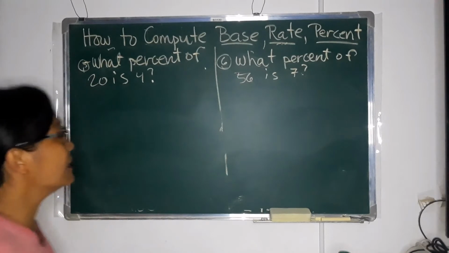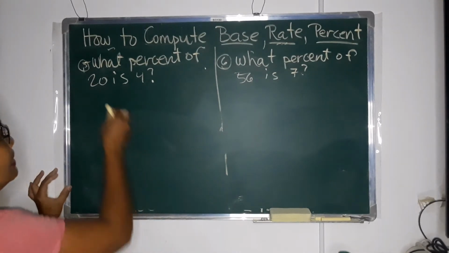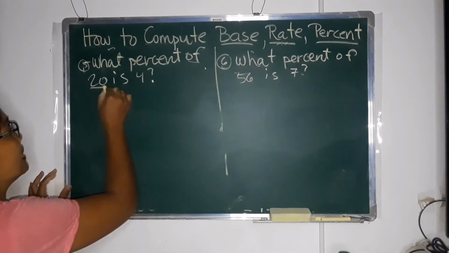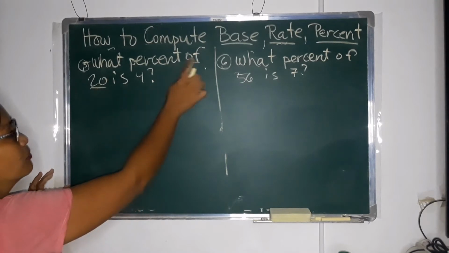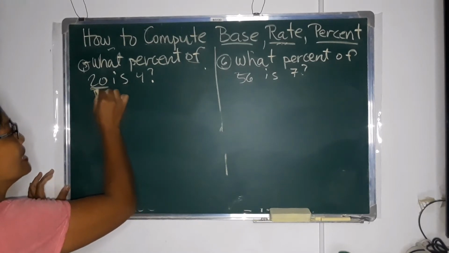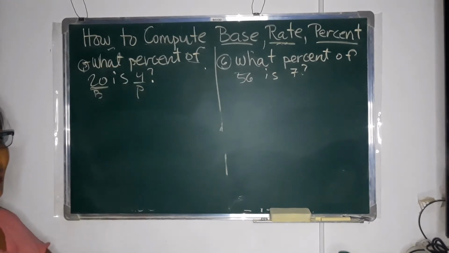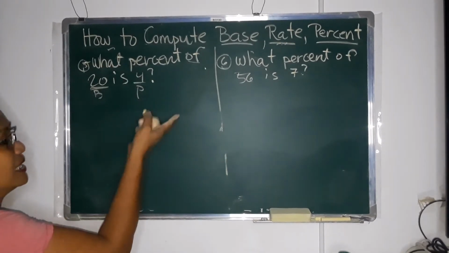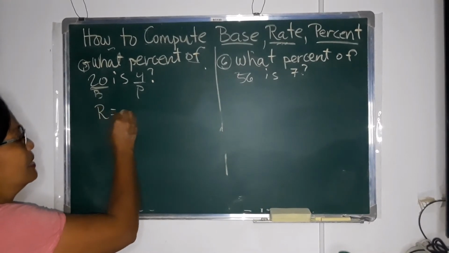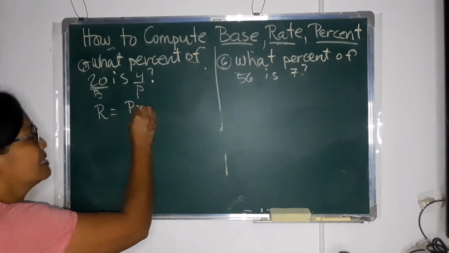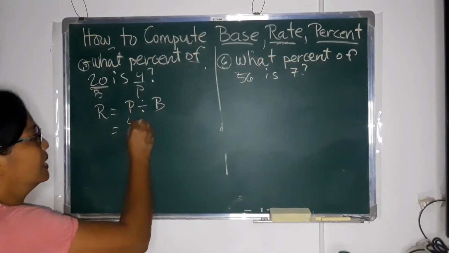Okay, so ito muna. So dito, i-identify muna natin ang mga given. So of 20, after ng word na of, yung number is base, this is P. So we're looking for the R. So again, in our previous example, kung R ang hinahanap natin, ang formula ay P divided by B. So, ang P natin ay 4.